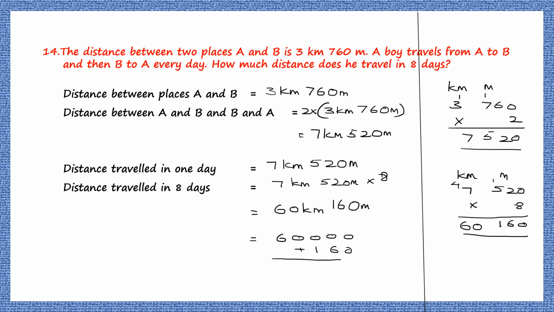So this will give me 60,160 meters. So this time my answer is in meters. Now the first time my answer is in kilometers and meters. Now it is only in meters. So you can write one of these answers. Both are the same. So this is the distance he traveled in 8 days.